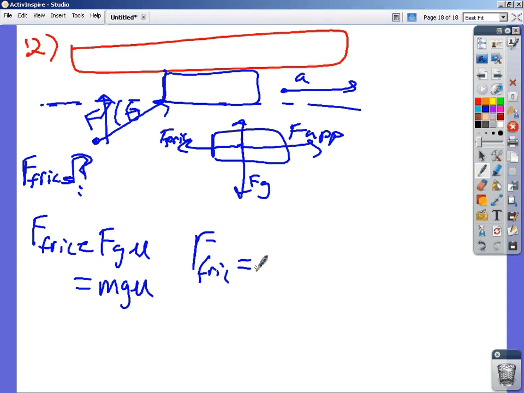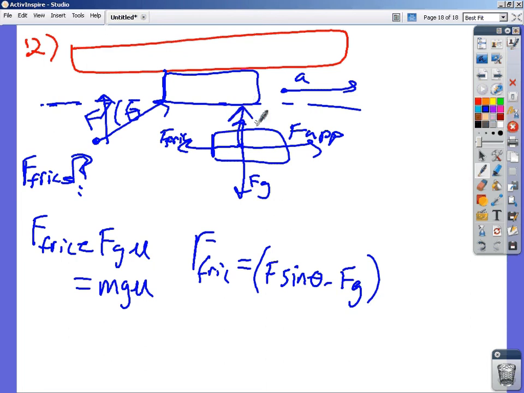It would be F, this force right here, sine theta, so the component that's going into the block, minus whatever part is being taken away by gravity. That would be this force right here, whatever is pushing the block into the ceiling.